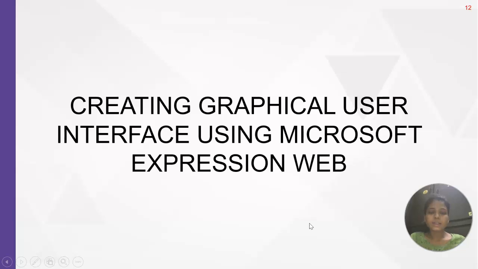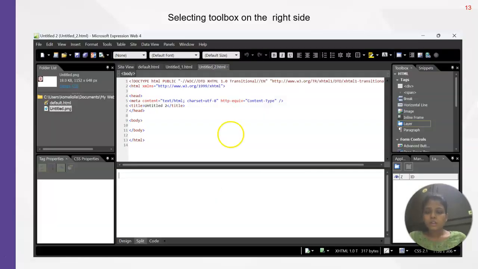After that, we'll be seeing how we can create a graphical user interface using Microsoft Expression Web. Firstly, this is how it looks. Here we can see there are different tools from the toolbox like division, span, break, horizontal line, image, inline frame, layer, paragraph, everything.